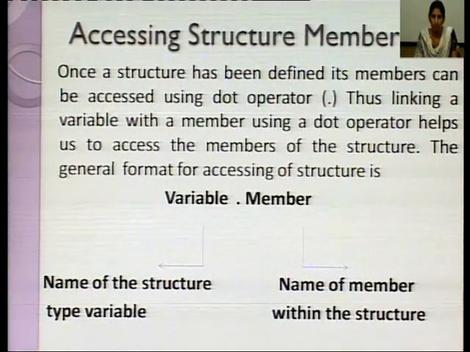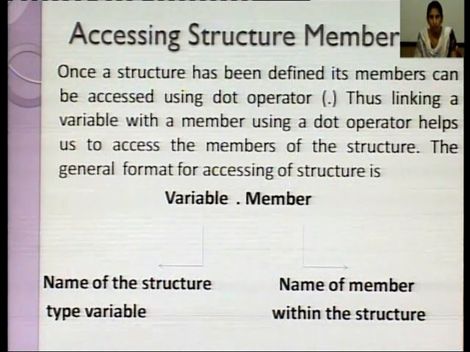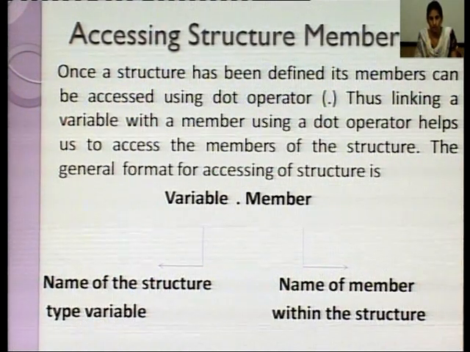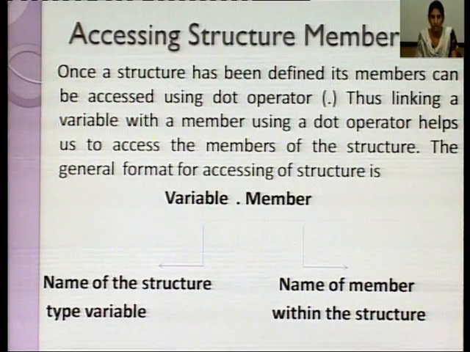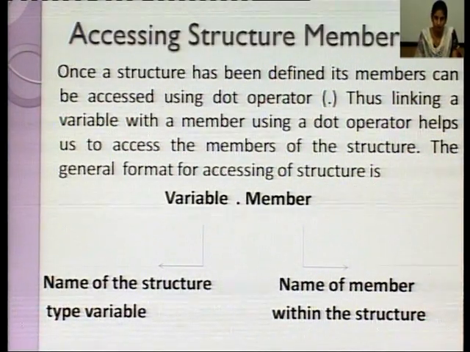The general format for accessing a structure member is variable dot member. Variable is the variable related to the structure which we want to access, and member is the member of that structure which we want to access.